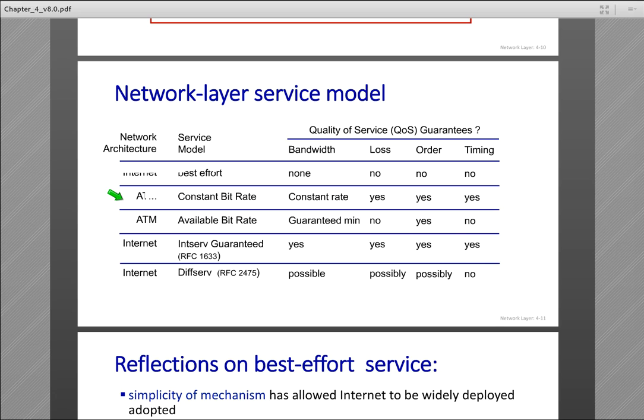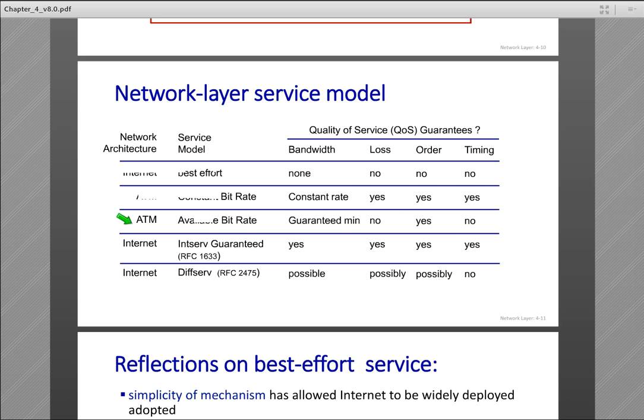For example, one of them is CBR, or constant bit rate. It means that it will guarantee a fixed bandwidth. So I can send my data with a constant rate. It will guarantee the loss rate, order, and timing.